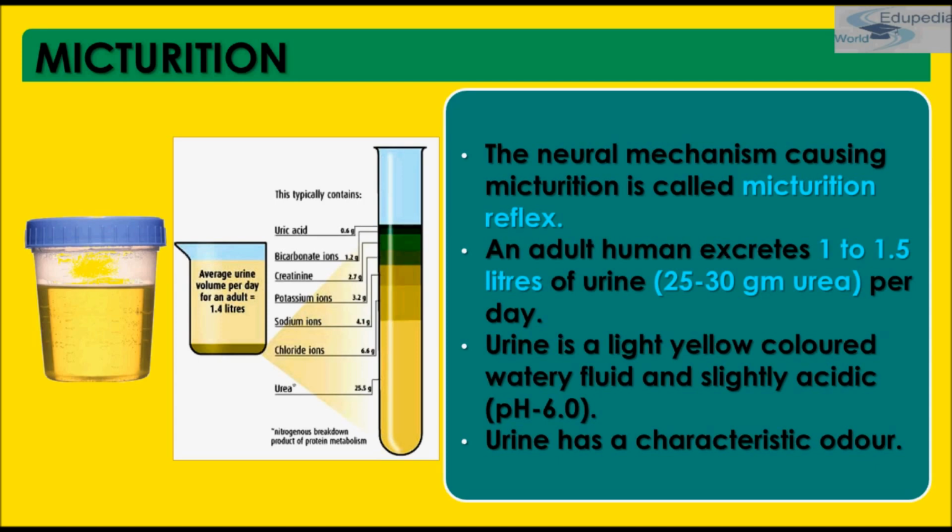Urine has a characteristic odor also, and it typically contains uric acid, bicarbonate ions, creatinine, potassium ions, sodium ions, chloride ions, and urea. The average urine volume per day for an adult is about 1.5 liters.